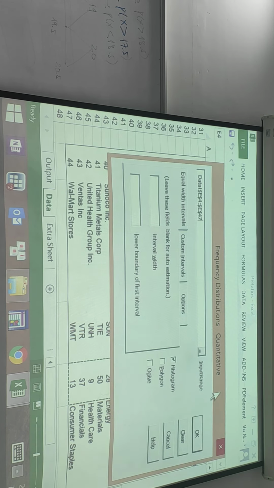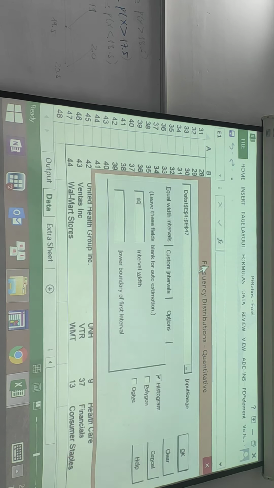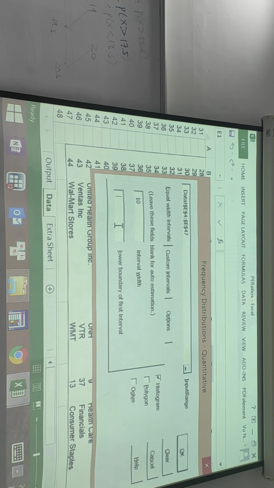Then I select the interval width, let's say 10, and I start with 5. So I have from 5 to 15, 15 to 25, right?